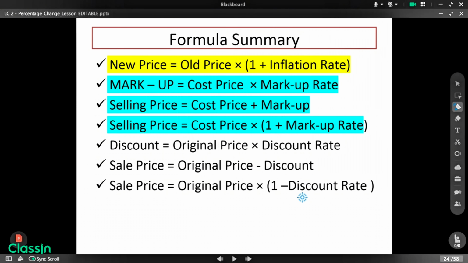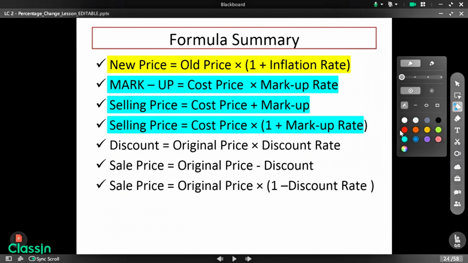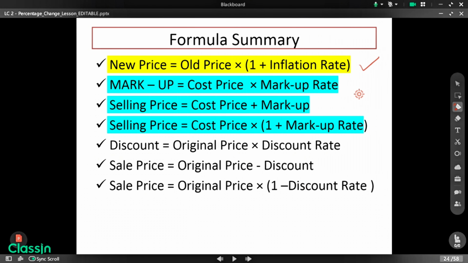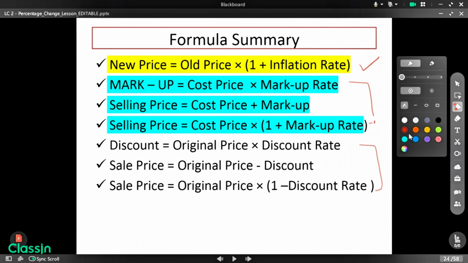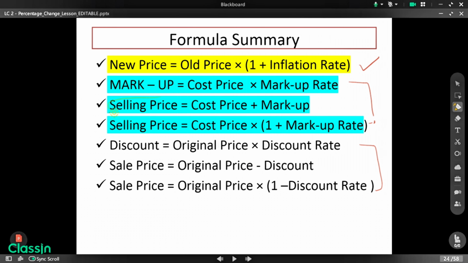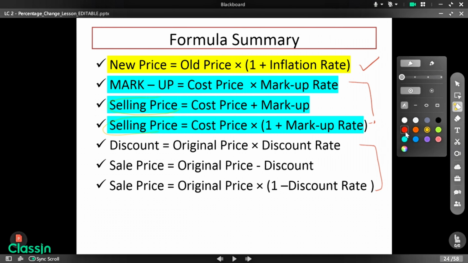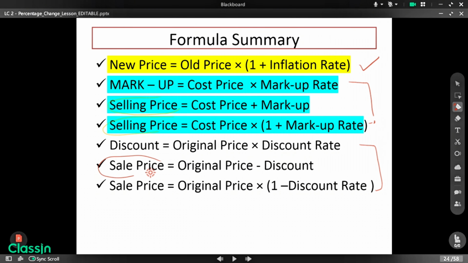Now, these are the summary of the formula. So we are done with the inflation and of course the markup and the discount. As you notice, in the markup, we tend to use the term selling price. And for the discount, we tend to use the term sale price.